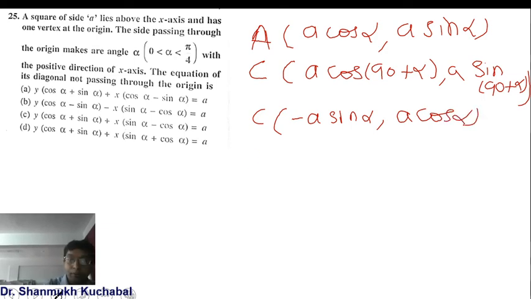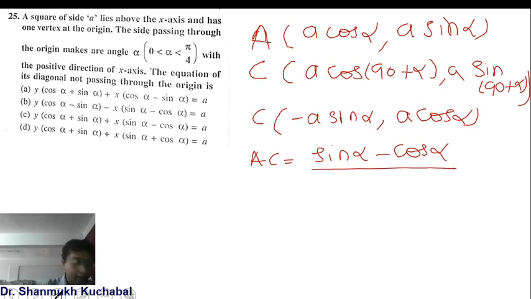Then the slope of AC is sin alpha minus cos alpha divided by cos alpha plus sin alpha.